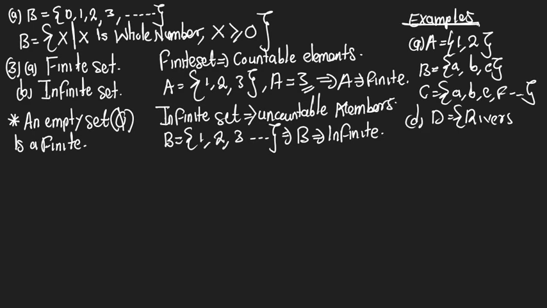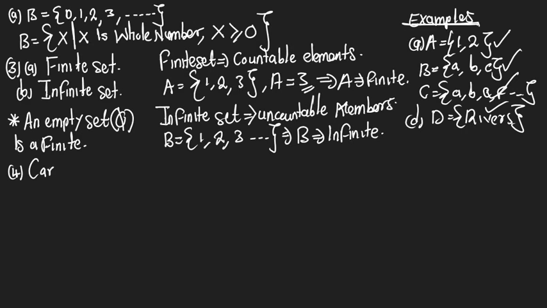Sorry, rivers in the world. The first sets are finite because you can count. This set is infinite because you can't count the number of rivers in the entire world. That is one thing that you must be able to understand. It's very important for you to understand that particular concept.